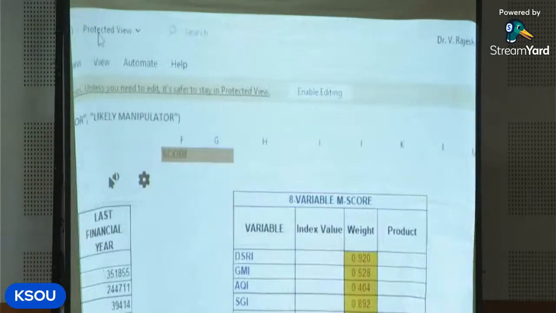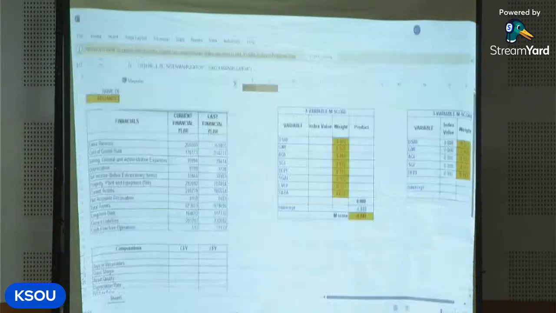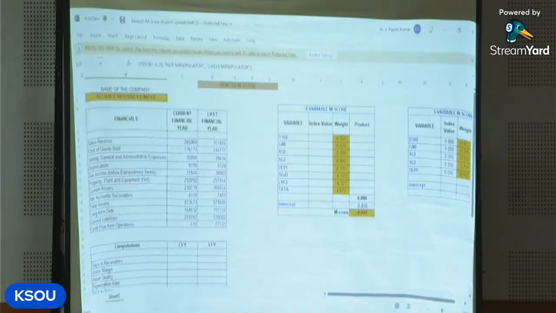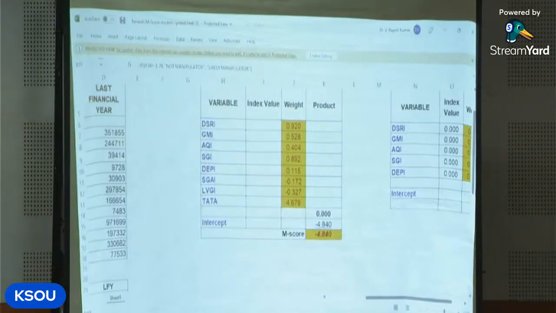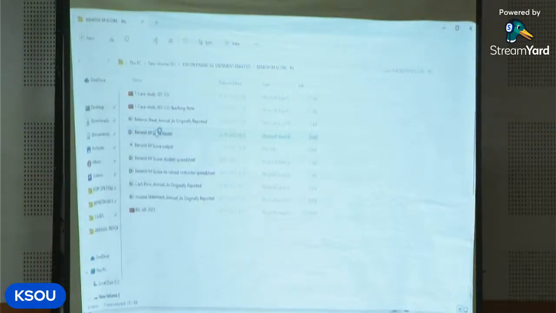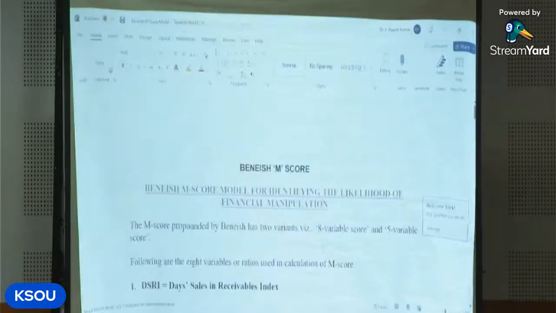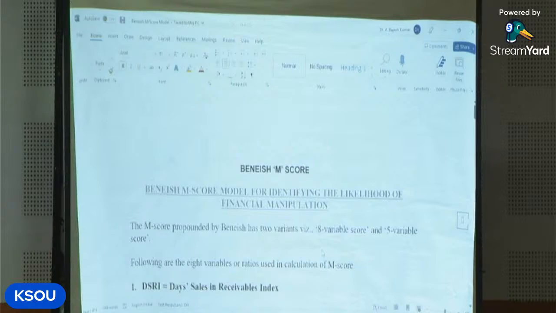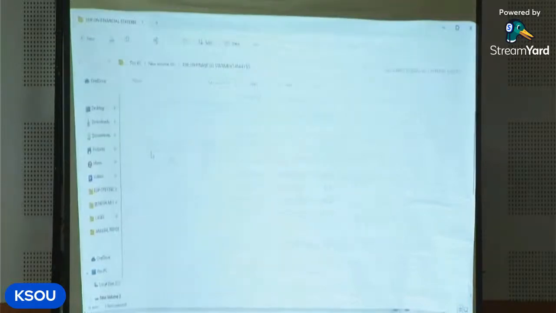This entire exercise. Now, what is this? Beneish M-Score. This morning, I was downloading some animations.